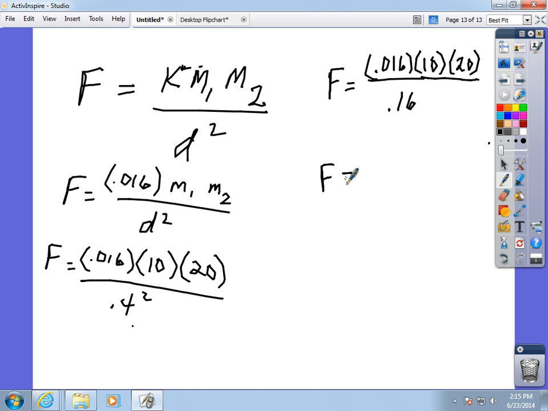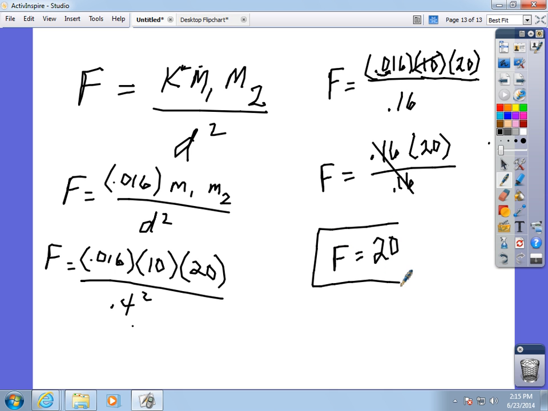So F is equal to 0.16 times 20 over 0.16, and you're left with the 20. What's the answer? I did that without a calculator.